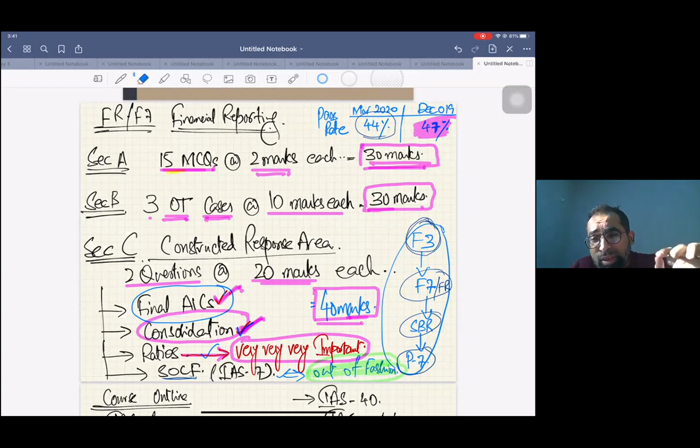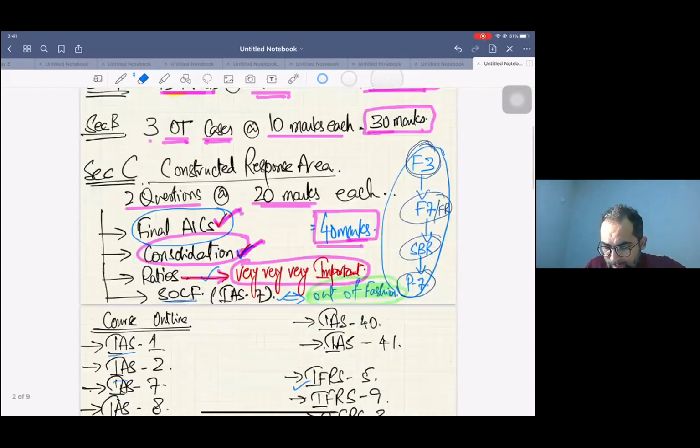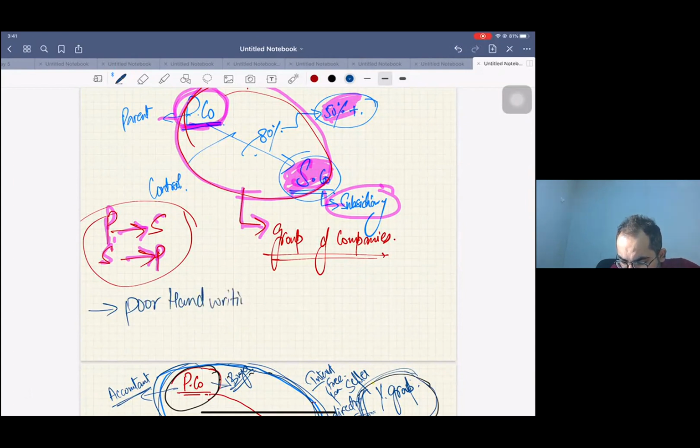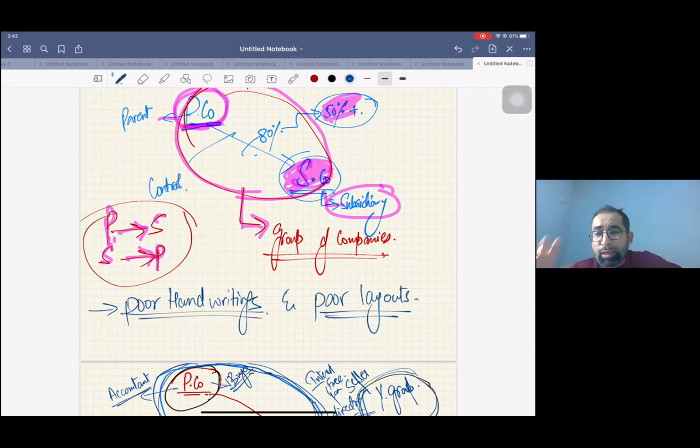One of the major reasons for failure is poor handwriting and poor layouts. In the past, this was one of the major reasons for failure of students. I'm telling you, I have attended such sessions.